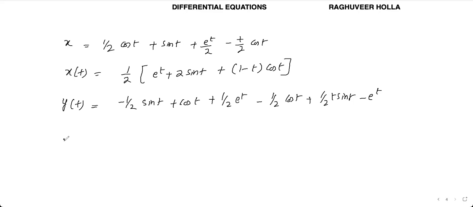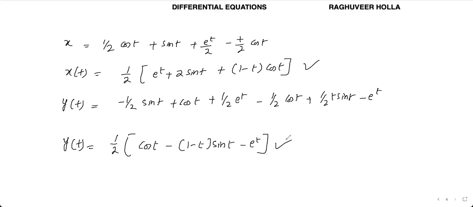After simplification, taking half outside, this is cos t as 1 minus t sin t minus e to the power of t. So we got x and y.